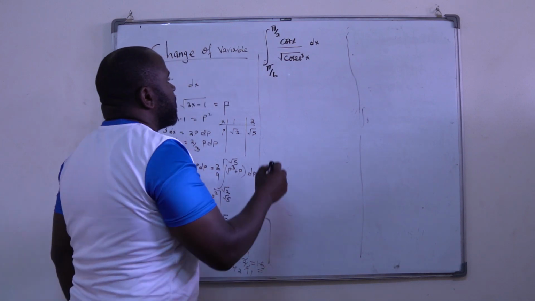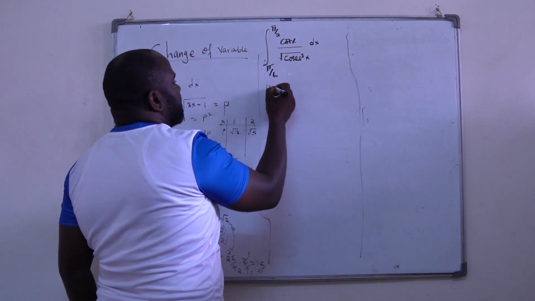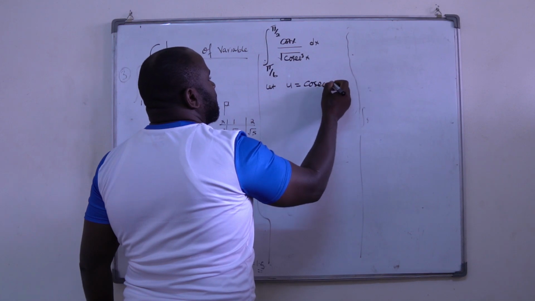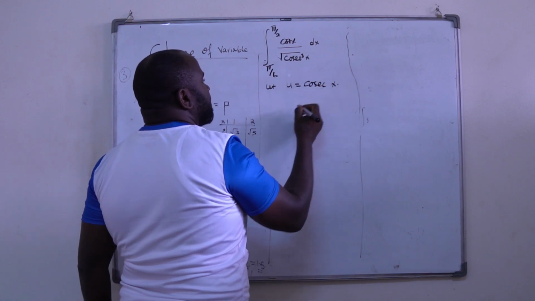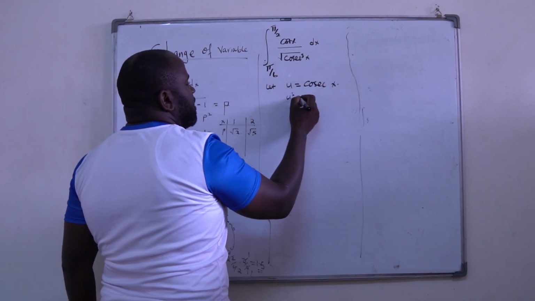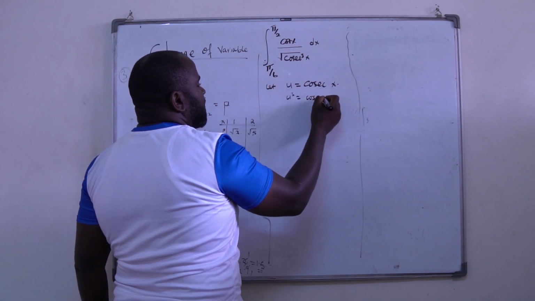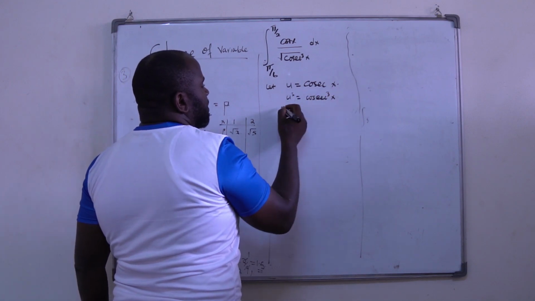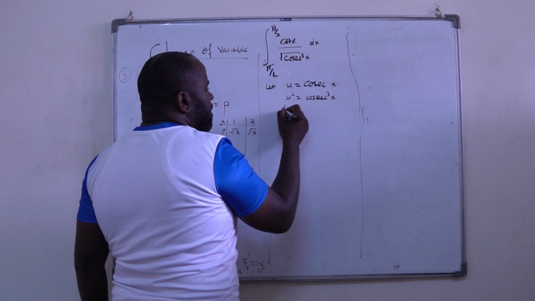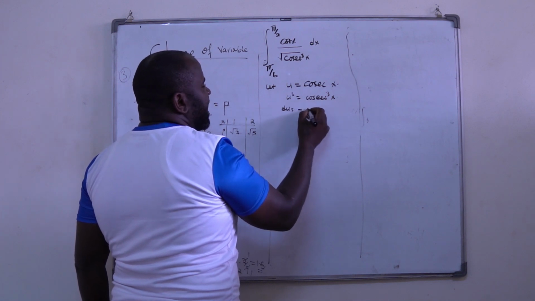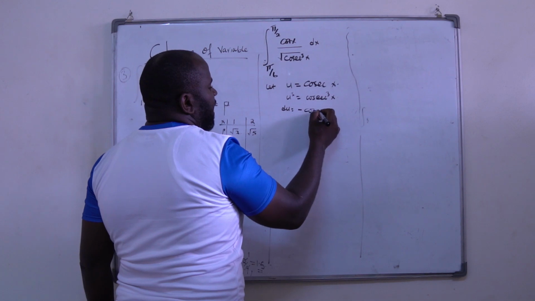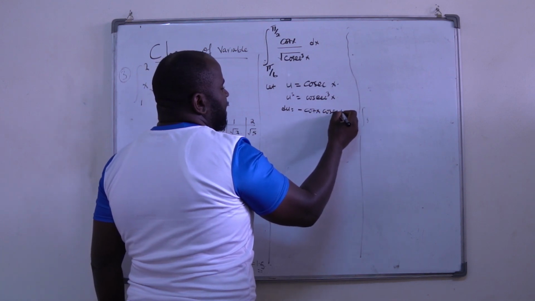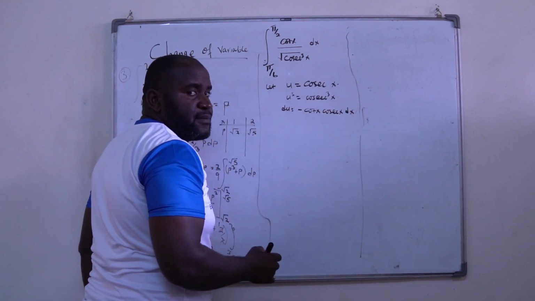So we can let u be equal to cosec of x, so that u cubed is cosec cubed of x. So that du is equal to a negative cot x cosec x dx.